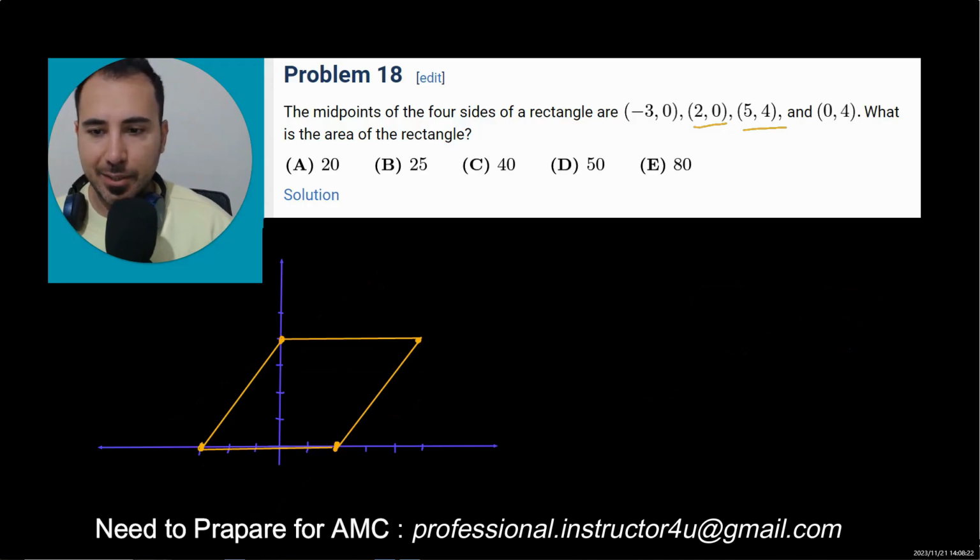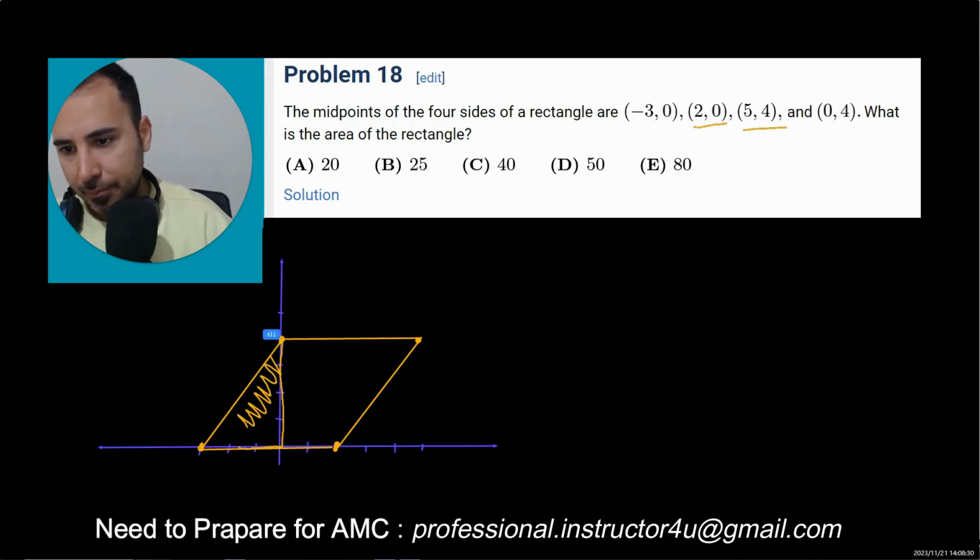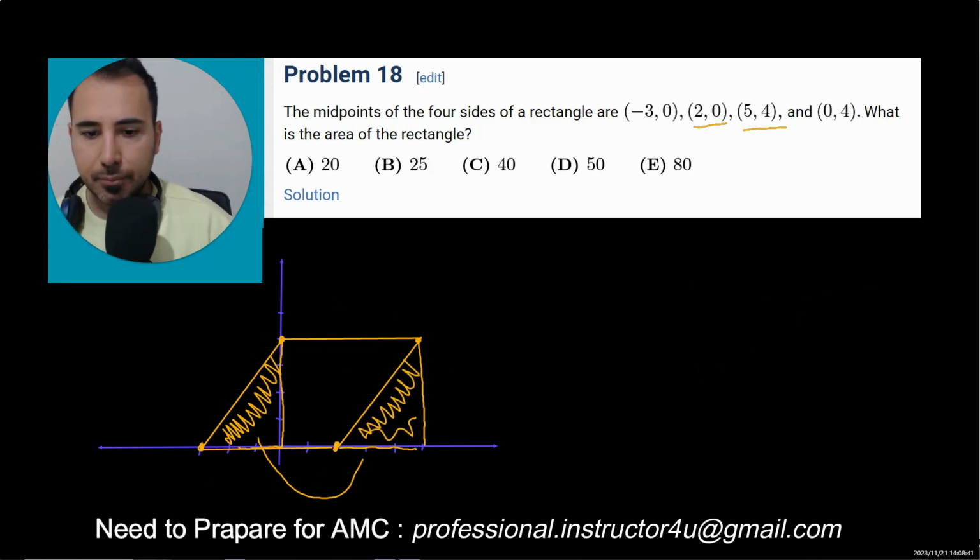So in case you've forgotten the area of a parallelogram, it's not hard. Just imagine we take this area and we just put it back over here. Okay, so to find that area, you just have to find this area instead.